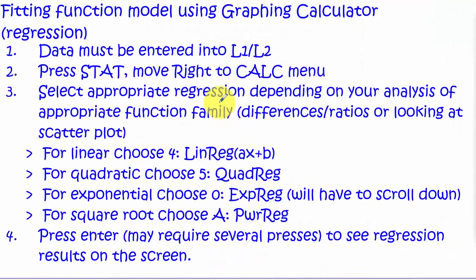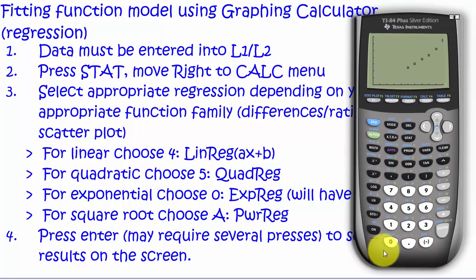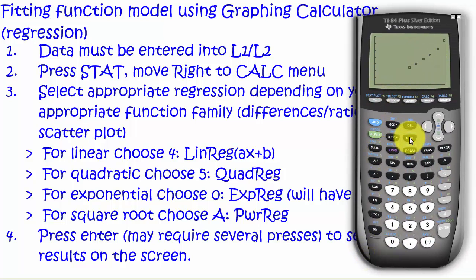Our last step is to generate an equation for our data. So all the work that we did to set the data up for scatter plots is going to be used. So we have to enter the data into L1 and L2. But now, instead of graphing it, we're going to press the stat menu again, and we're going to go over to the calc menu, and we're going to do something called a regression.